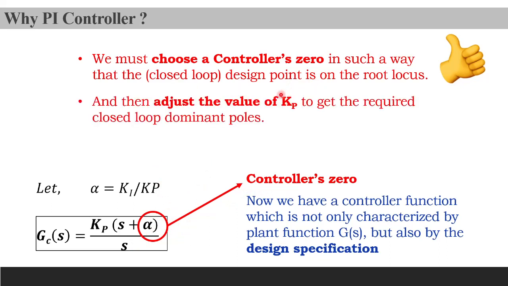And number two, we have another parameter Kp, so we also have to adjust the value of Kp to get the required closed loop dominant pole. You can see that, like the proportional gain, it can also manipulate the zeros, the poles and the stability of the system.